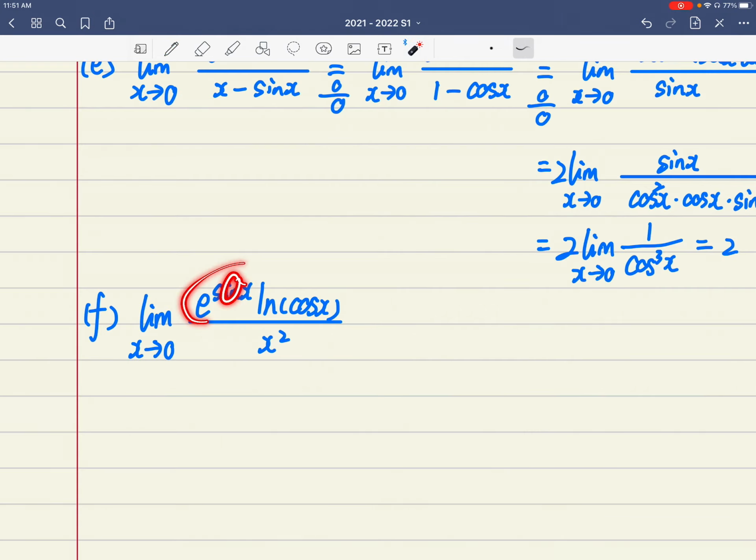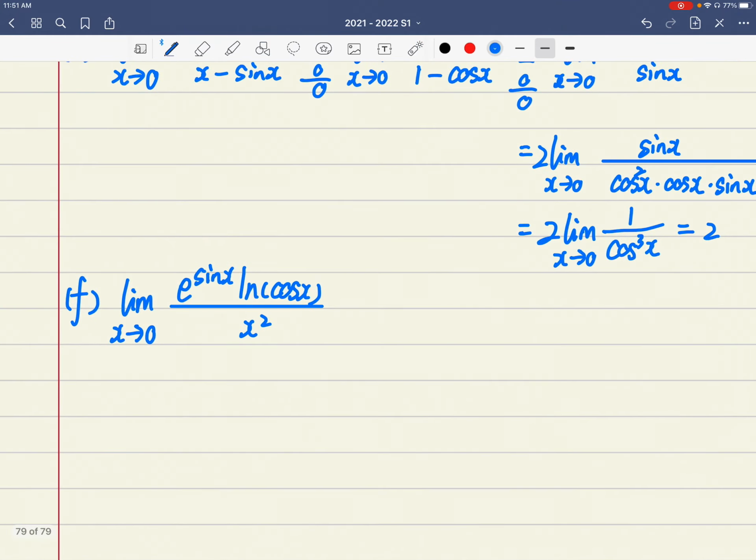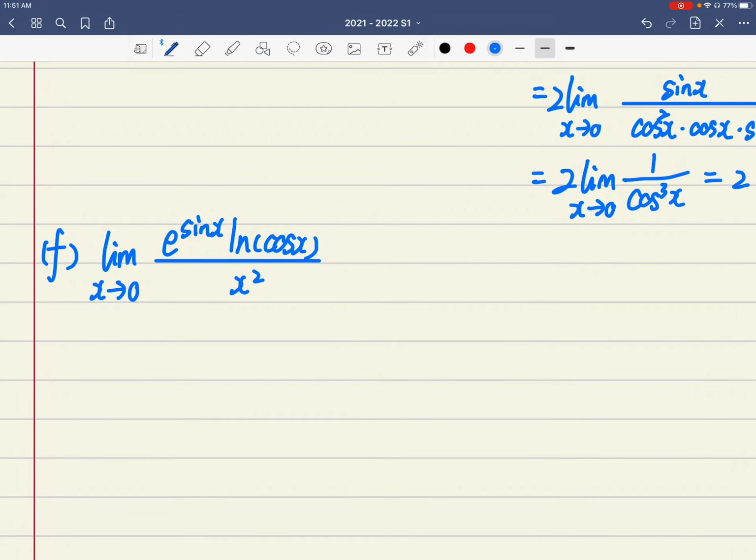E to the power of 0 is 1. Cosine 0 is 1, so ln 1 is 0. So the top is 0, the bottom is 0, so it's 0 over 0. But wait, before you differentiate the top, it's complicated. Without doing the calculation, you can expect the top will be a very complicated part.